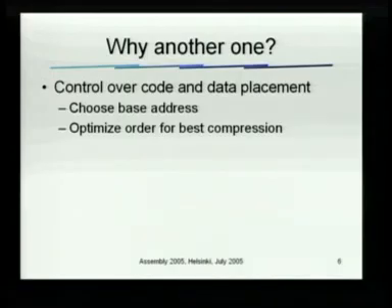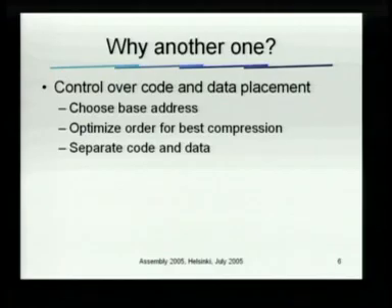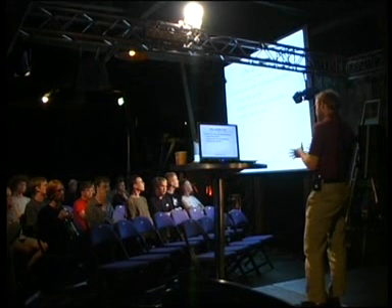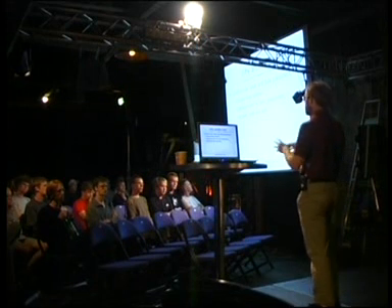So by having control of this process in the compressor, it is possible for the compressor to try different orders and use the one that compresses best. And generally, when you're compressing something, the best thing is to have similar data grouped together.